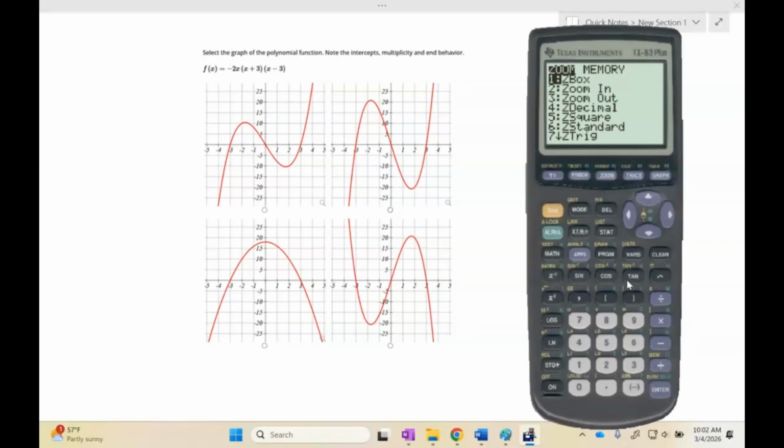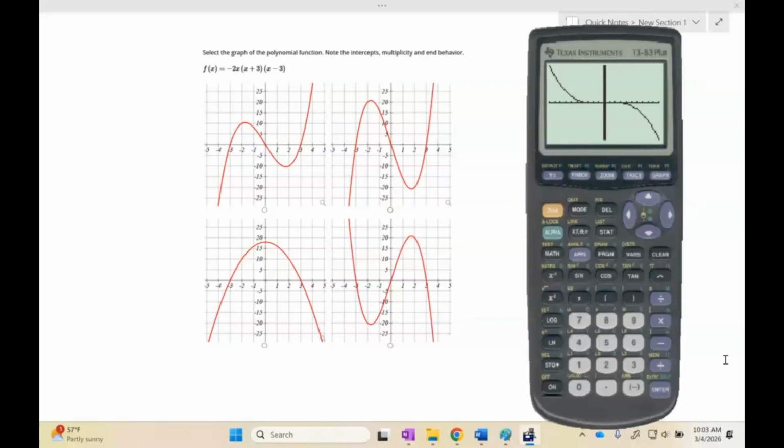I want to hit zoom and 6. Now, if you actually want to see the entire graph, I'm going to do a little zoom fit. I hit zoom. And if I scroll down to fit, which is zoom 0, it should fit the graph to the screen.